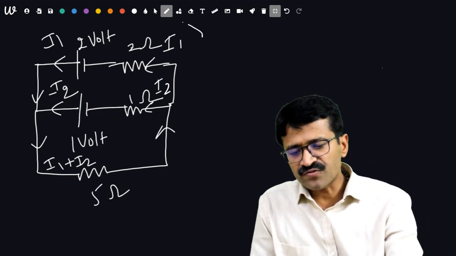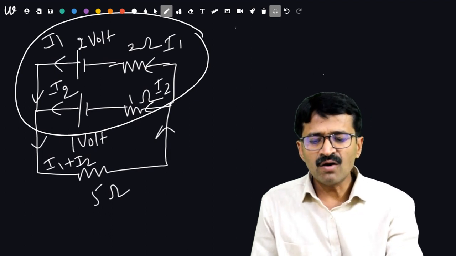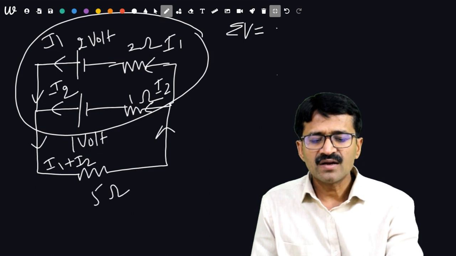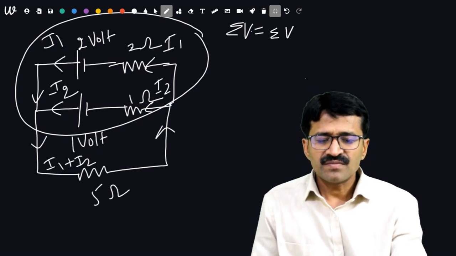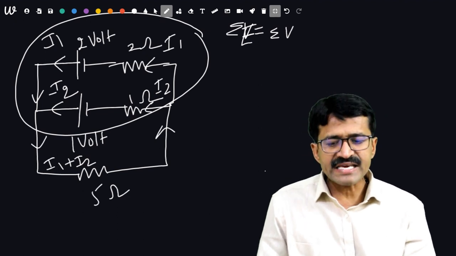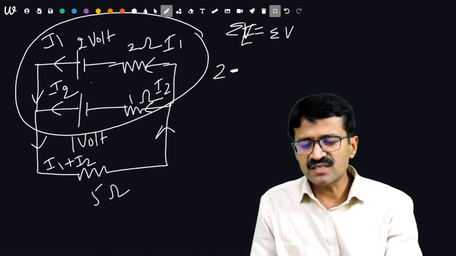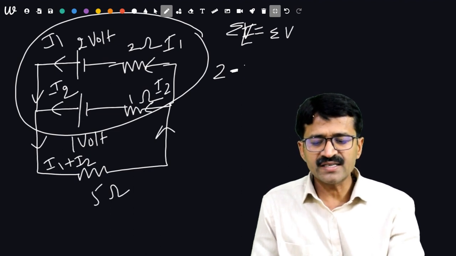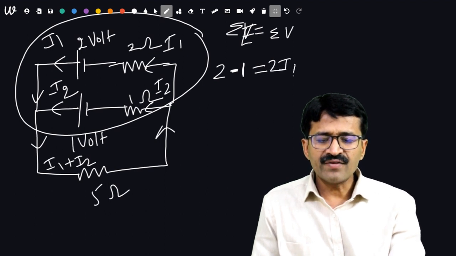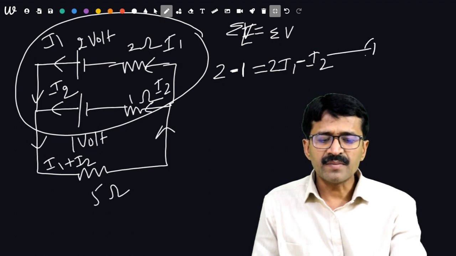Use Kirchhoff's second law in this part initially, then you will have sigma E is equal to sigma V. Sigma E, that is the sum of EMFs, and it is 2 minus, suppose this is 1 volt, then 2 minus 1 is equal to 2 I1 minus I2. This is equation number one.